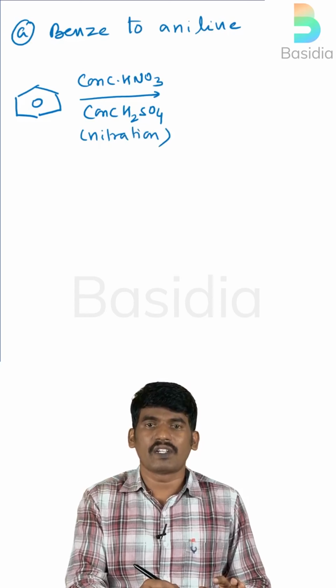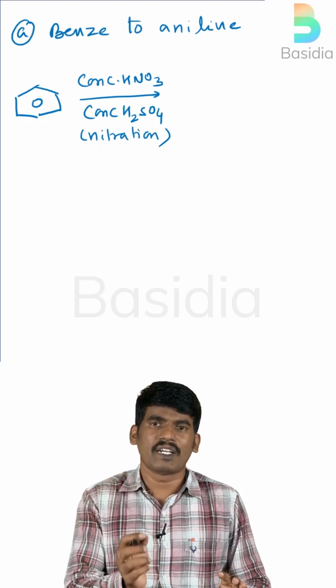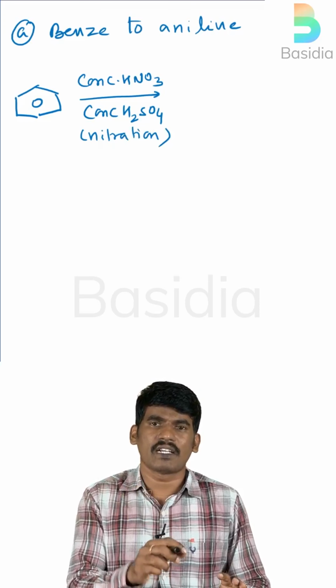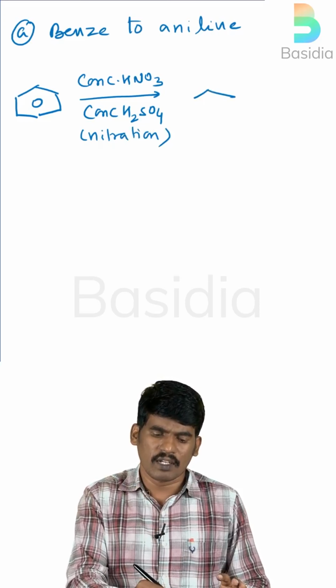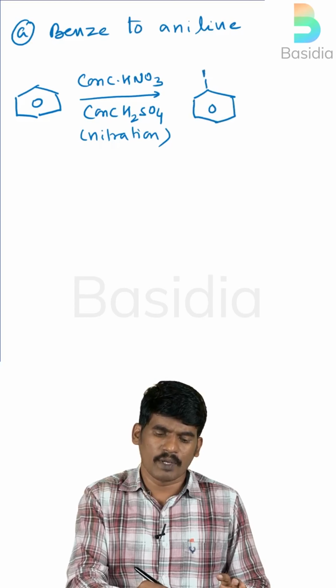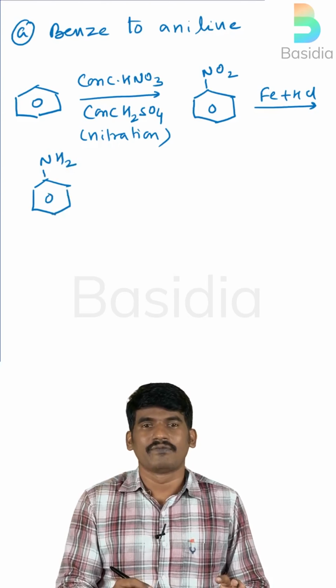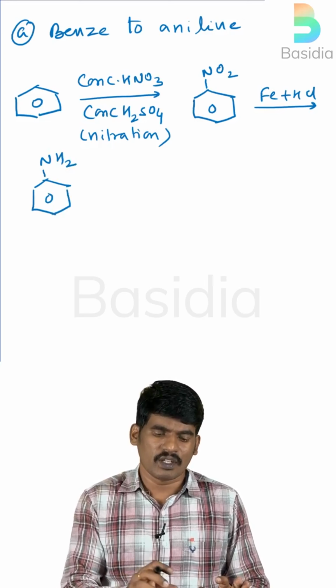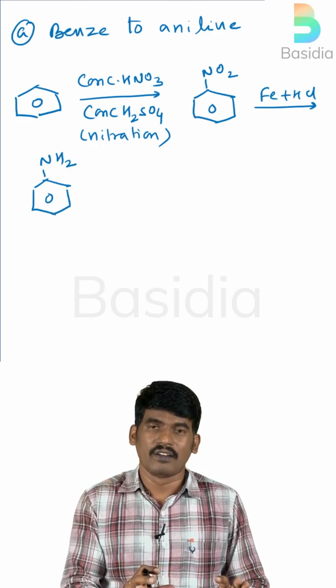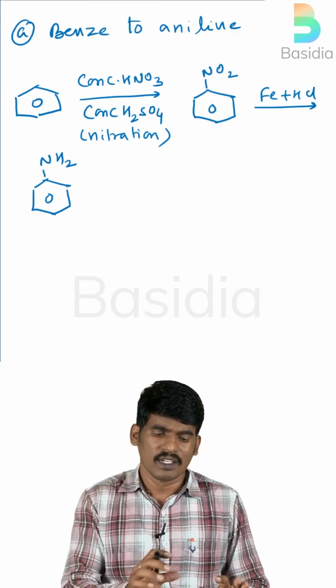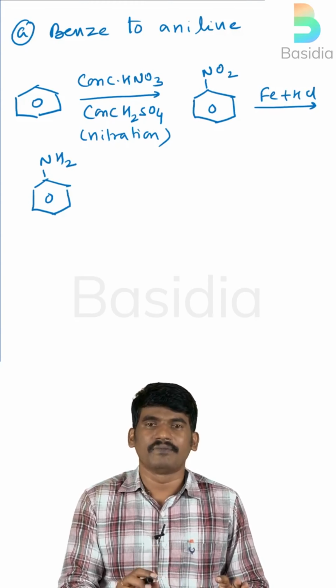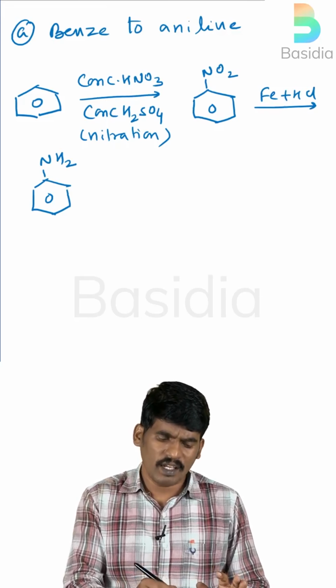Benzene undergoes nitration with the nitration mixture, a mixture of concentrated nitric acid and concentrated sulfuric acid, and will give you nitrobenzene, which on reduction with iron plus HCl gives you aniline, that is C6H5NH2. So that is the preparation method that can be given for aniline also, right? So it is a conversion from benzene to aniline. Hope you understand that.